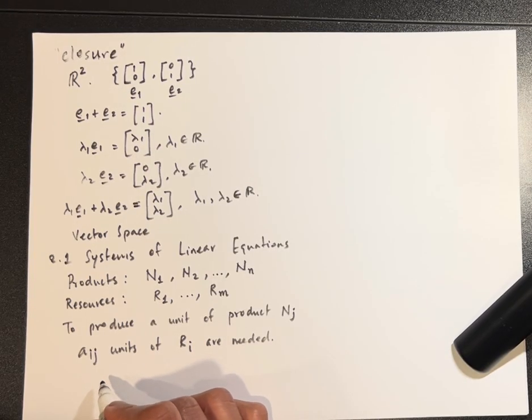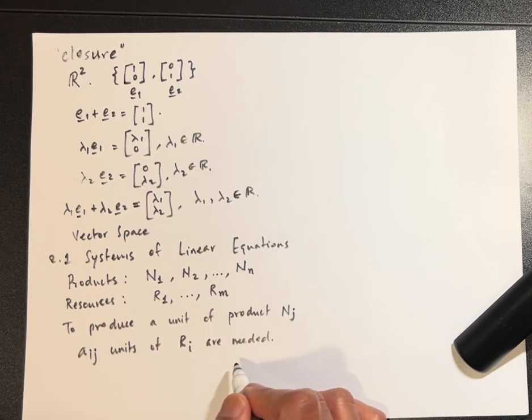The objective is to find an optimal production plan, that is a plan of how many units xj of product Nj should be produced if a total of bi units of resource Ri are available, and ideally no resources are left over.